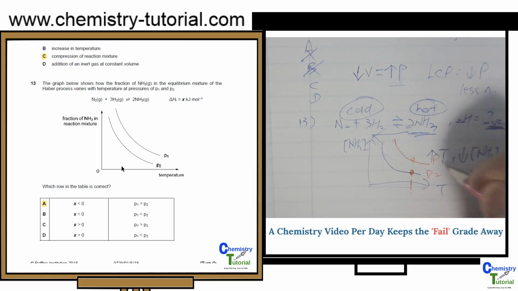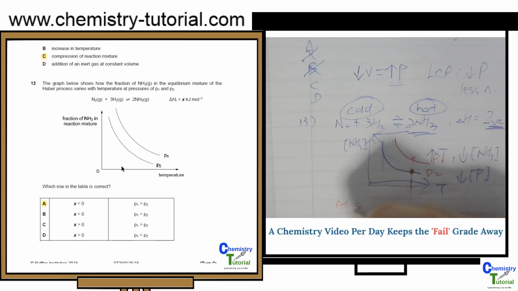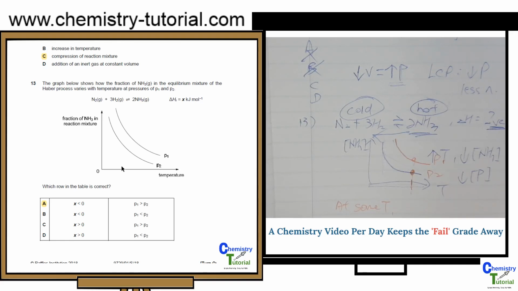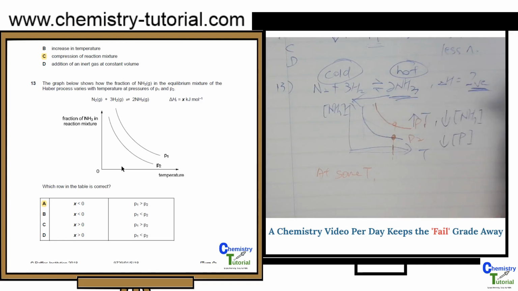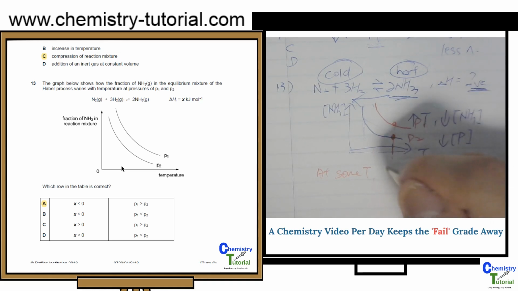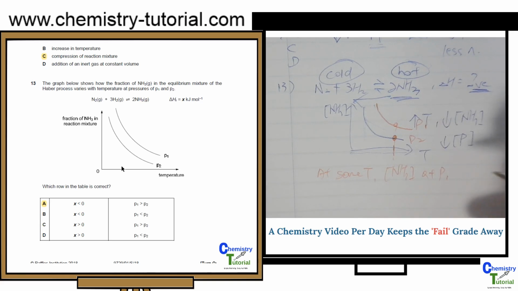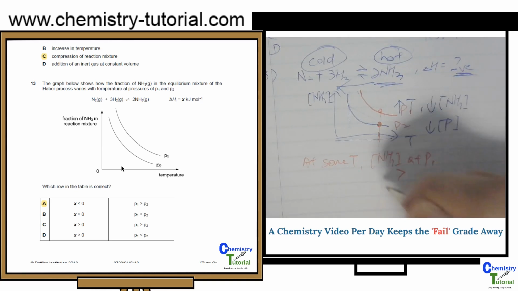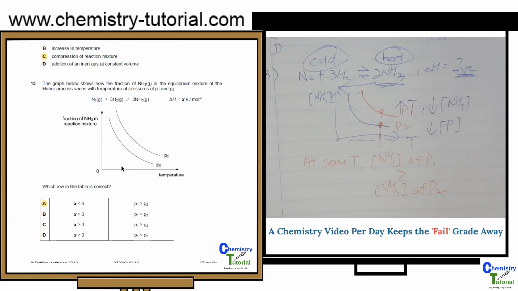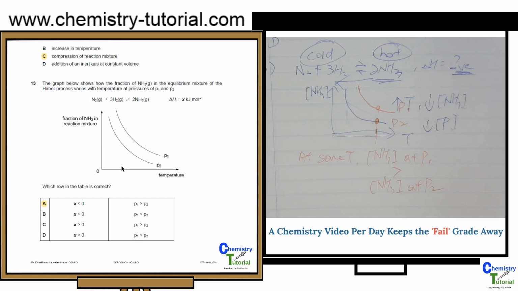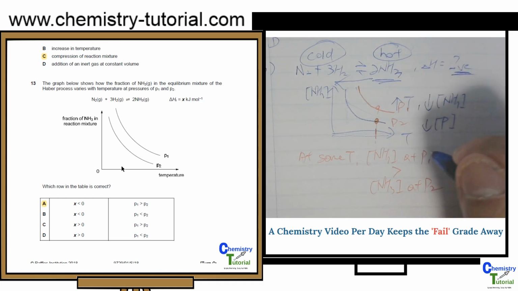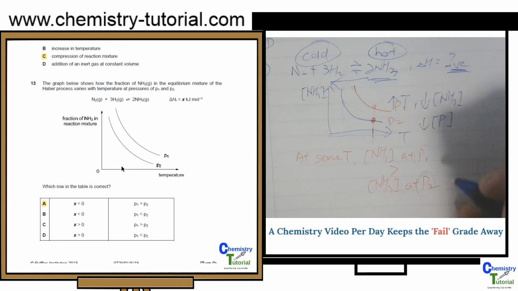At the same temperature, you notice that the concentration of NH3 at P1 is actually larger than the concentration of NH3 at P2. So what does it mean? It tells us that P1 must be greater than P2.